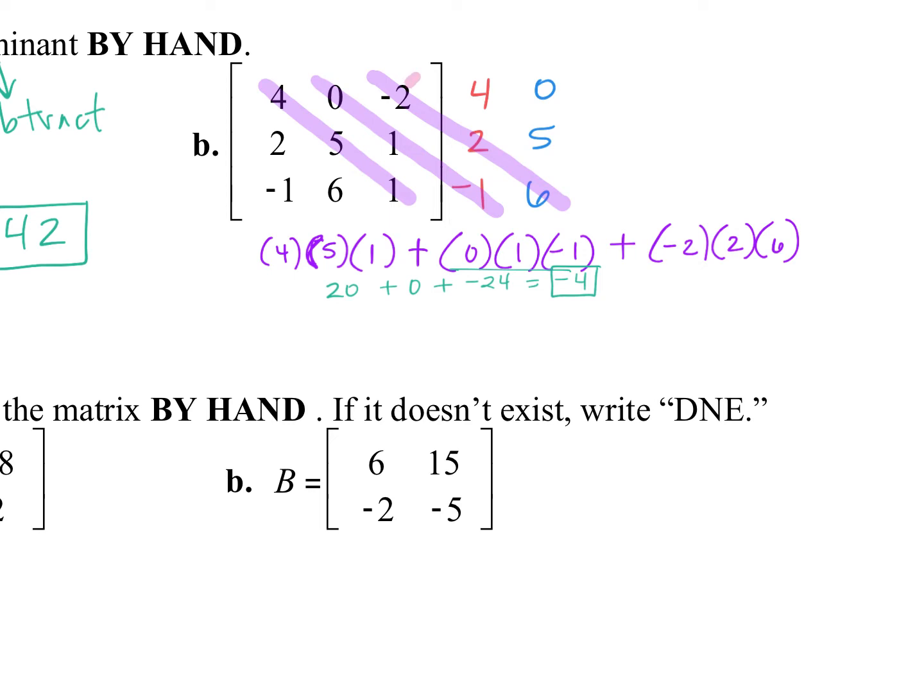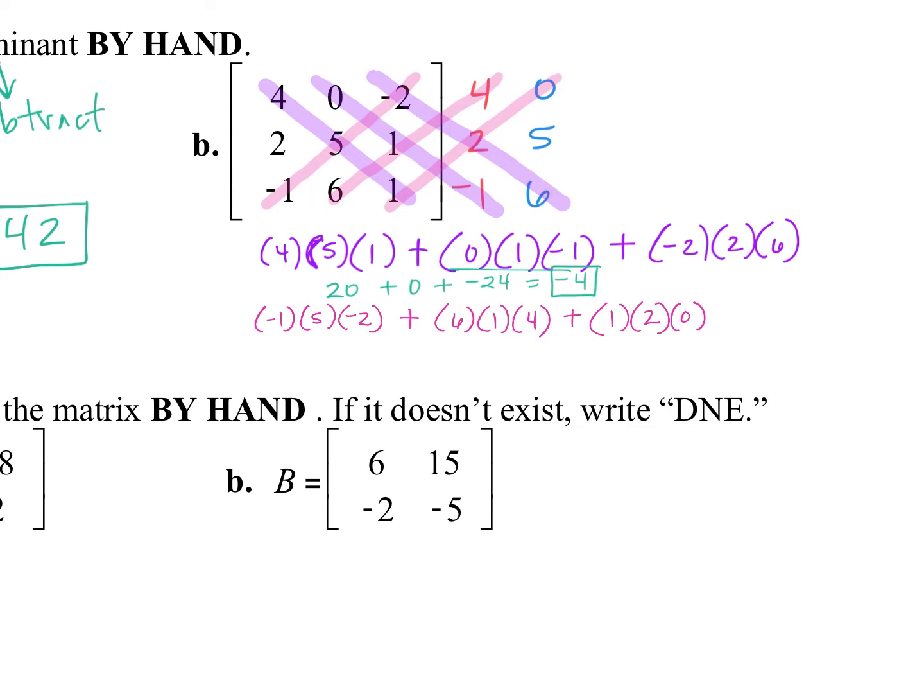So we're going to go this diagonal, this diagonal, this diagonal. Okay, so in pink here, it's going to be negative 1 times 5 times negative 2 plus 6 times 1 times 4 plus 1 times 2 times 0.